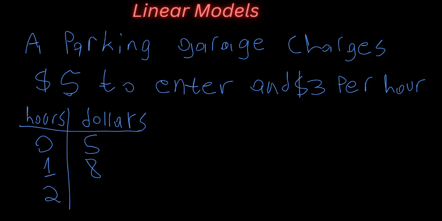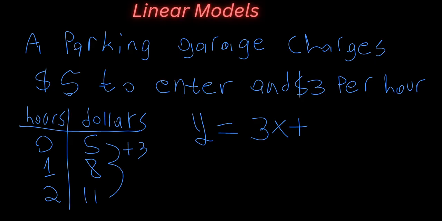And now after 2 hours, you will be charged an additional $3, which puts you at $11. So we found that we have a constant rate of change of plus 3. So we can write this as y equals a slope of 3x plus our intercept is 5, because at 0 hours we're charged $5. And this is our final answer. That's how we represent it with a linear equation.